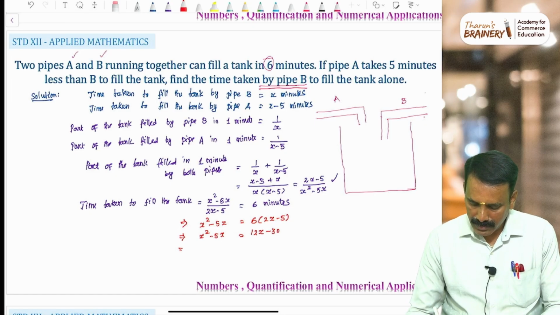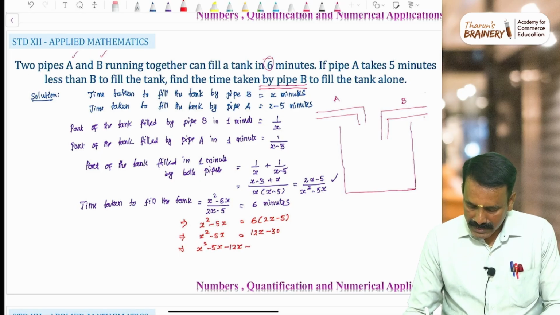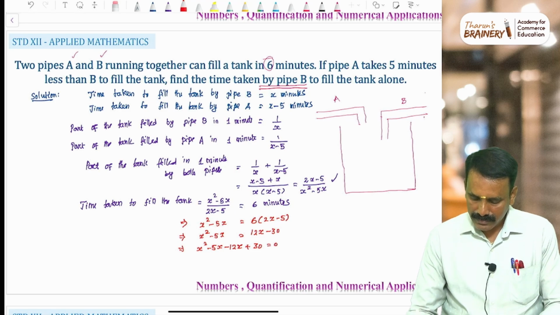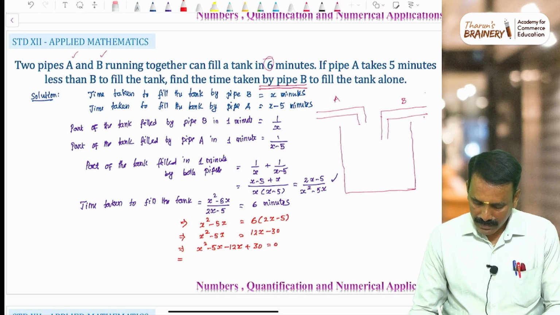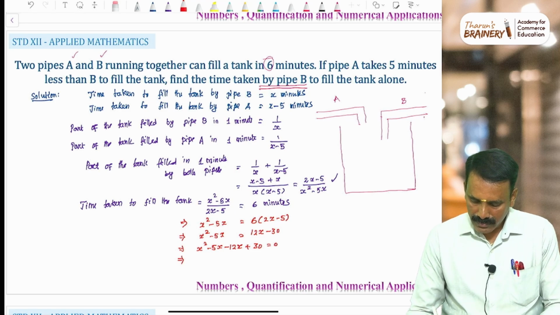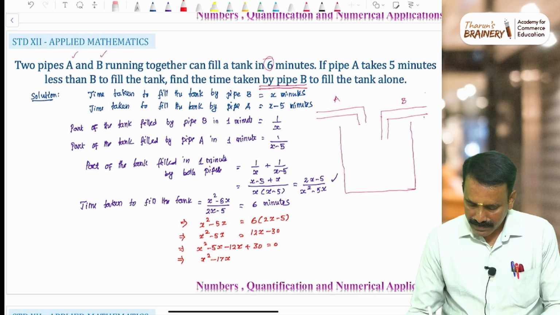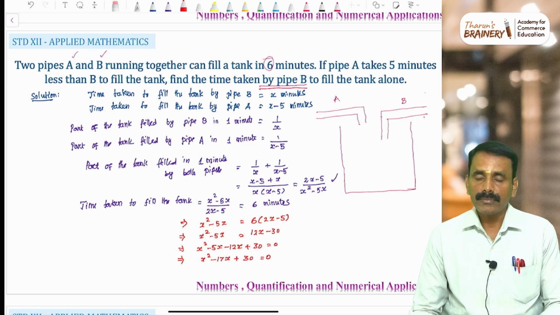So we bring all the terms together. It is x square minus 5x minus 12x plus 30 is equal to 0, which is x square minus 17x plus 30 is equal to 0.